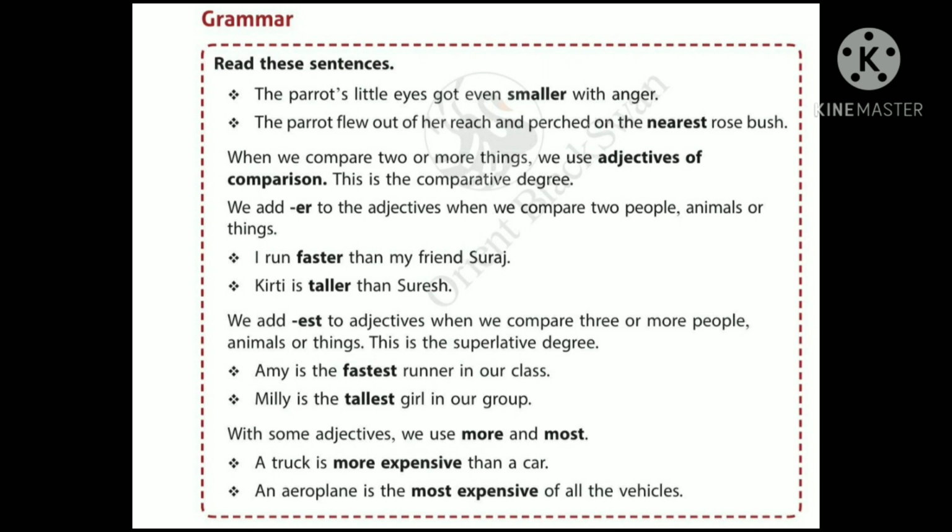When we compare two or more things, we use adjectives of comparison. This is the comparative degree. Smaller. See, smaller, we have already studied ER, isn't it? That is comparative degree. Then EST, nearest. It is superlative degree. We add ER to the adjectives when we compare two people, animals or things.